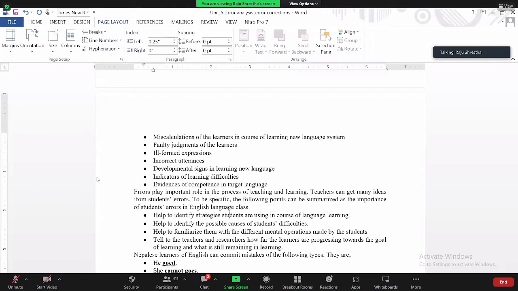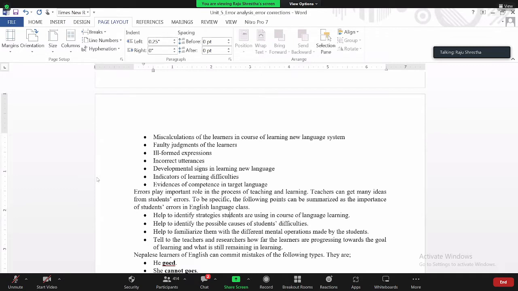So that strategies, that techniques, the process, teacher understands. Oh, my students are applying this overgeneralization strategy to learn the target language system.